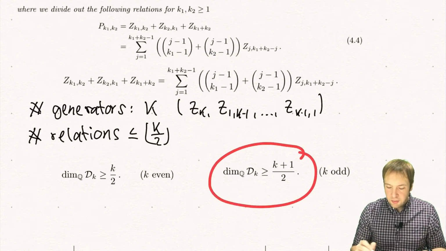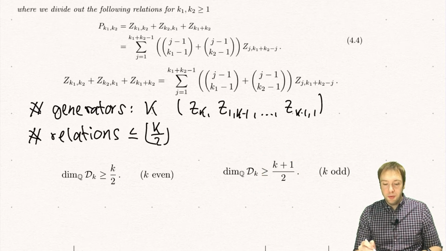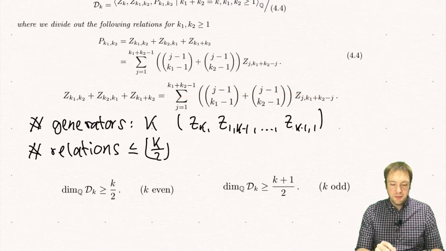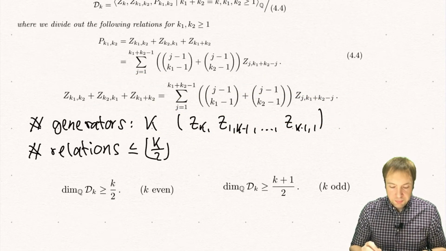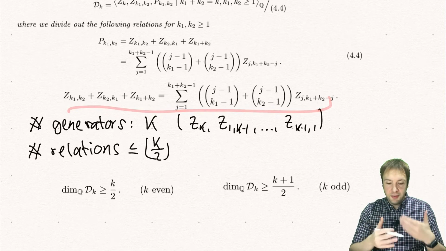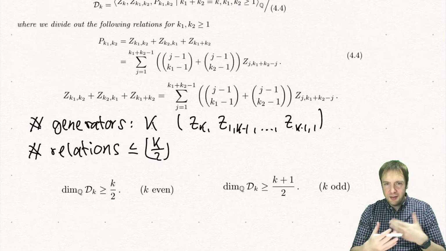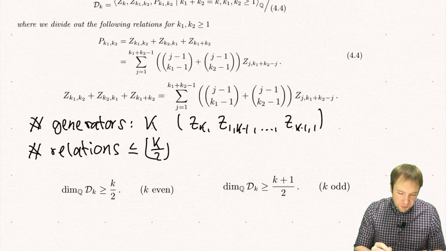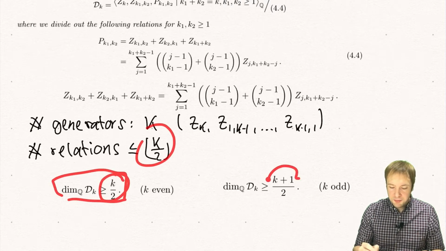And in the weight odd case, we have that the dimension is bounded below by k plus 1 half. And this is just because we have these k generators and we have these k half relations. But it could be that some of these relations are linearly dependent, meaning that they don't really give k half different relations. But the maximum of relations is k half, and therefore the dimension cannot be bigger than these bounds here.